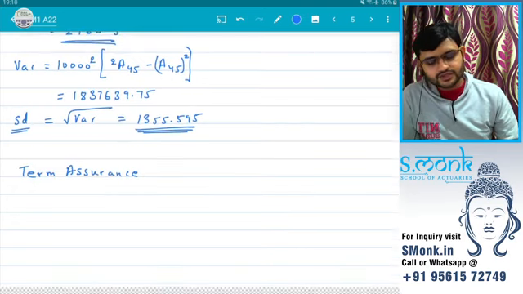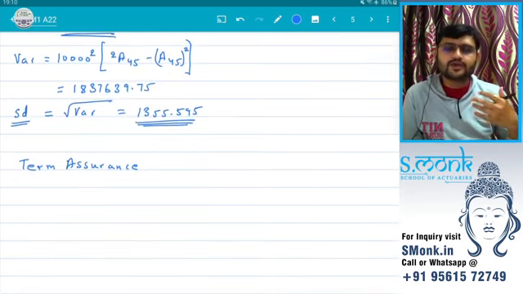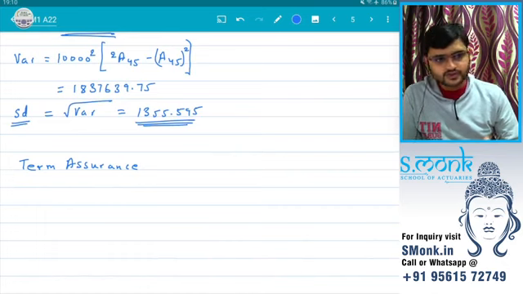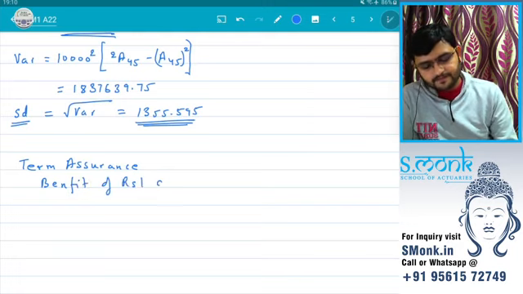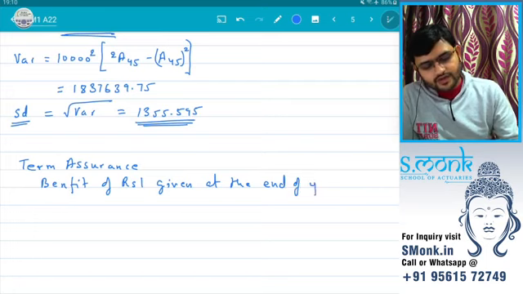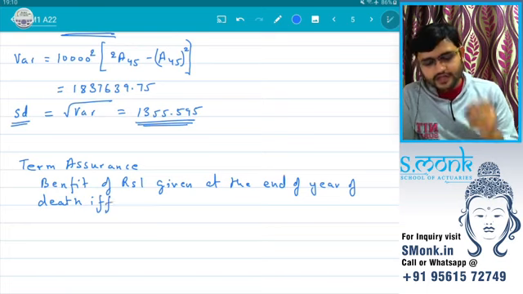In term assurance, again we are talking about benefit payable at the end of the year of death. So we say a benefit of ₹1 given at the end of the year of death if and only if death occurs within n years, to a life aged x.